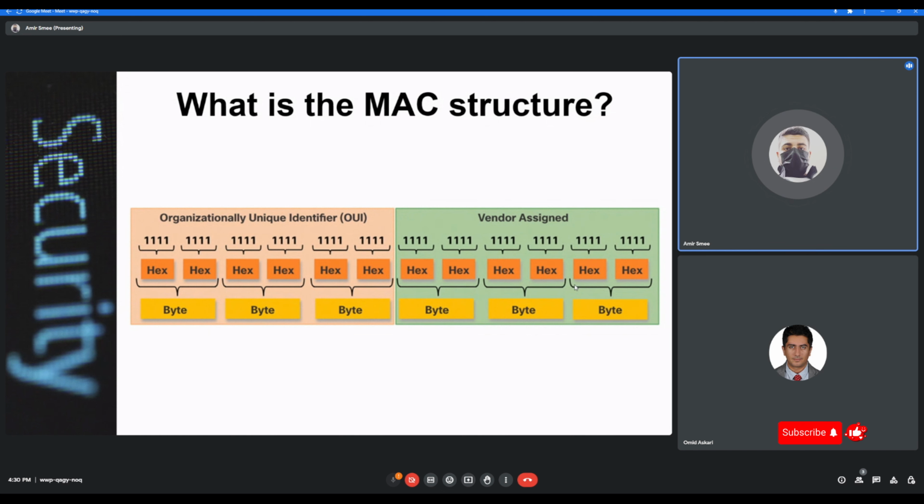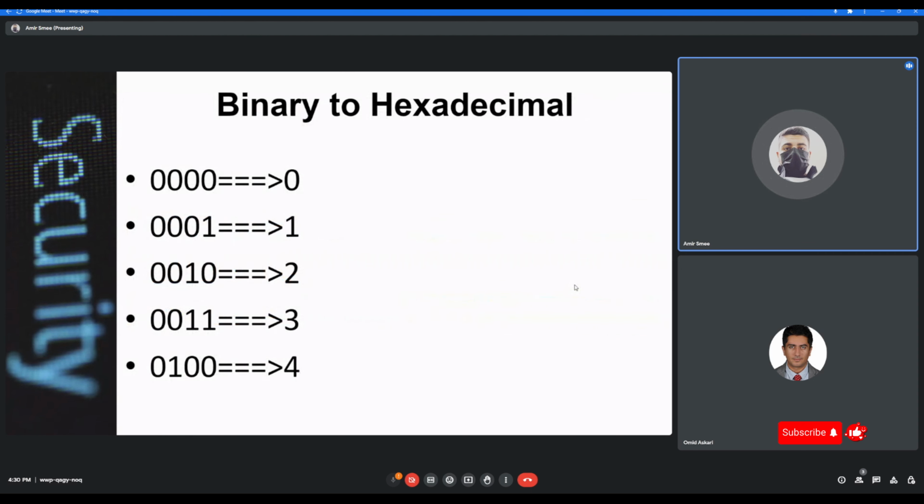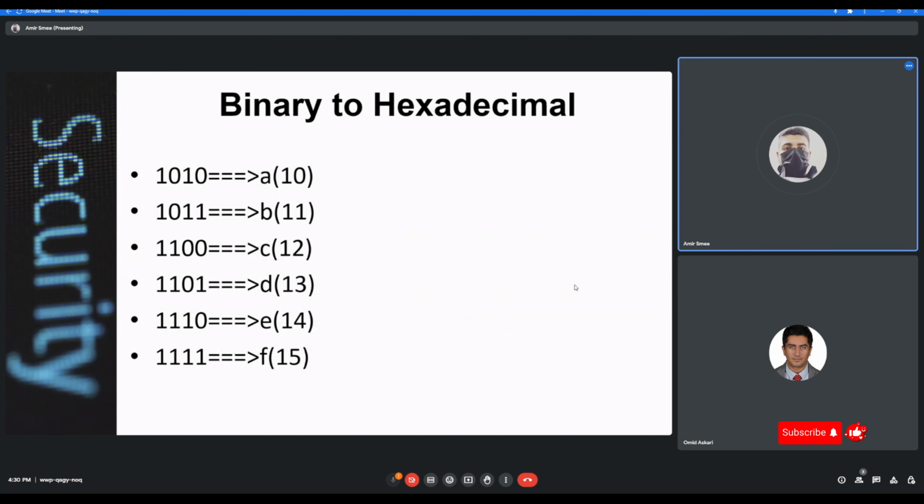In hexadecimal structure, we separate each 4 bits, and according to its value, each 4 bits take one of the following values. But before that, be sure to learn how to convert binary to hexadecimal to better understand this section.